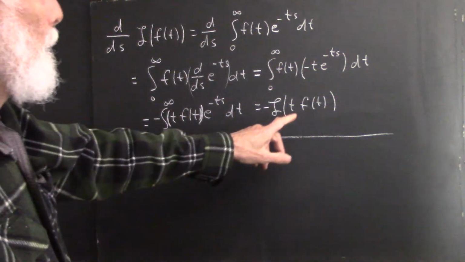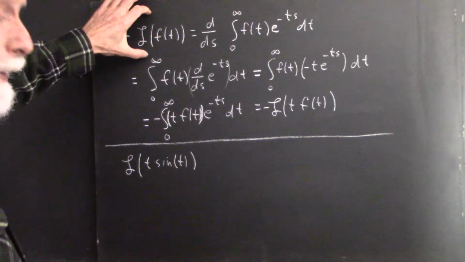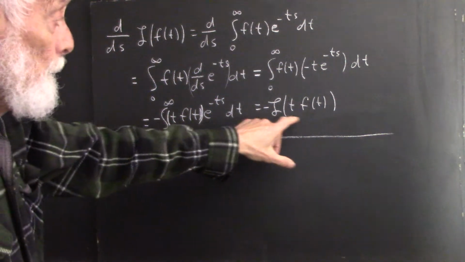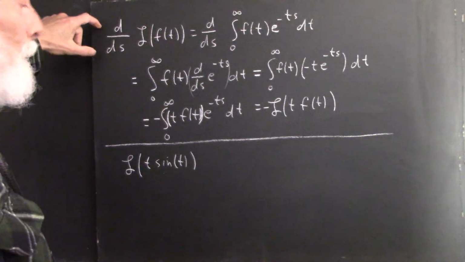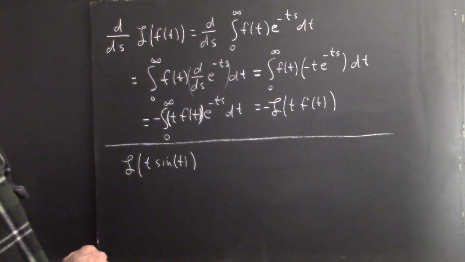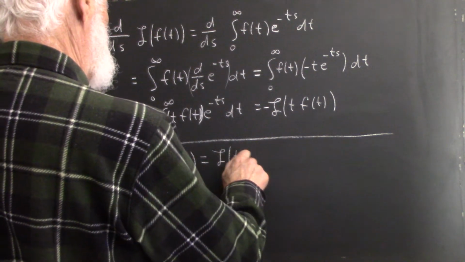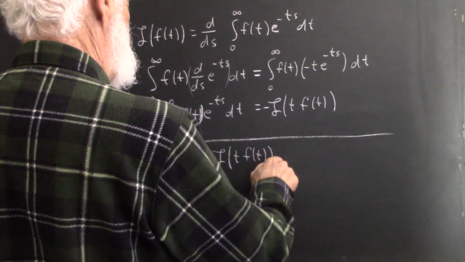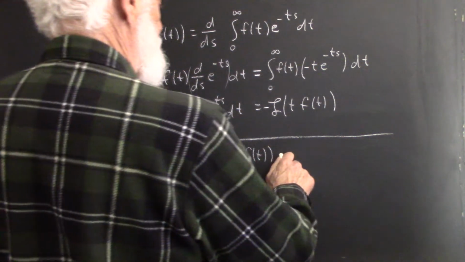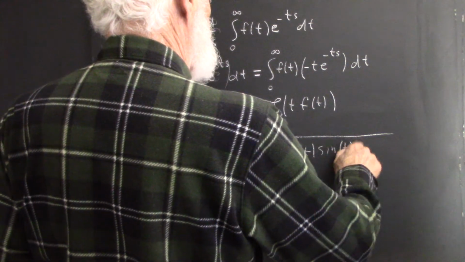Well, now if the Laplace transform of t f of t is the derivative with respect to s of the Laplace transform, then the Laplace transform of t f of t is the negative of this derivative. We know the derivative of the sine of t, so let's just write it out a little more formally. This is the Laplace transform of t f of t where f of t is the sine of t.